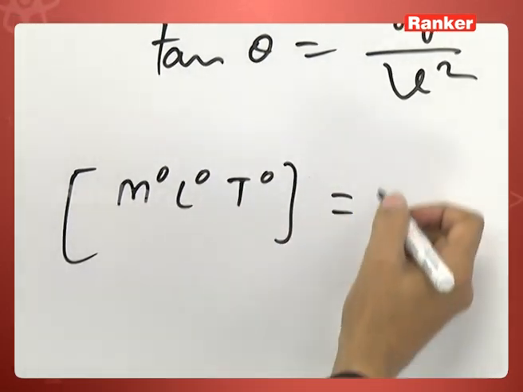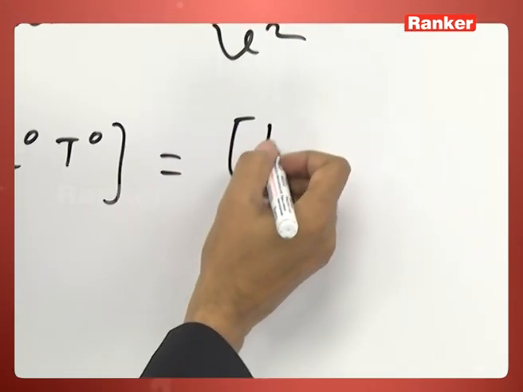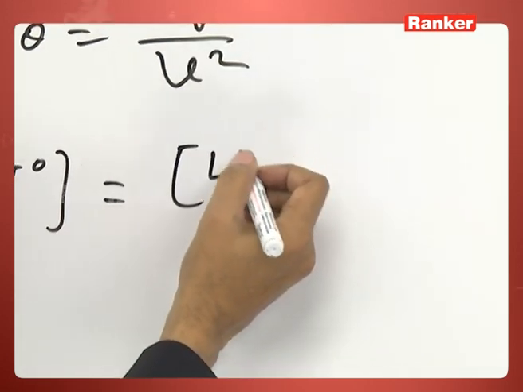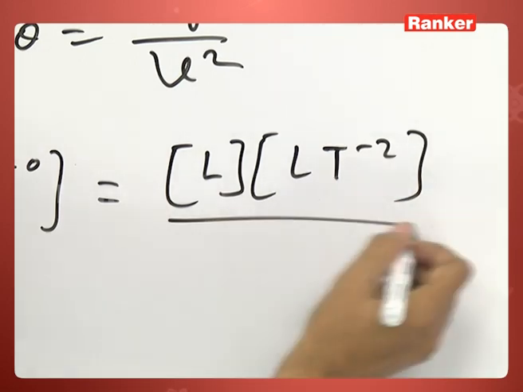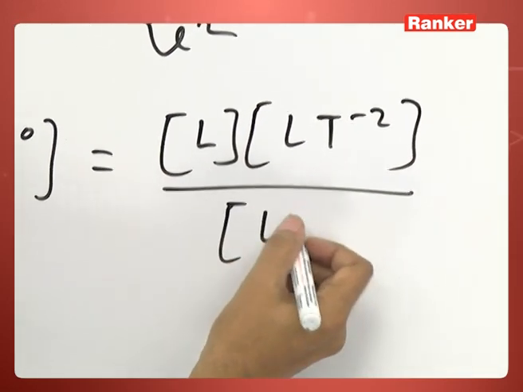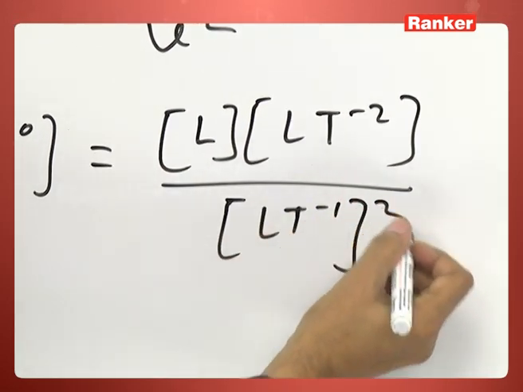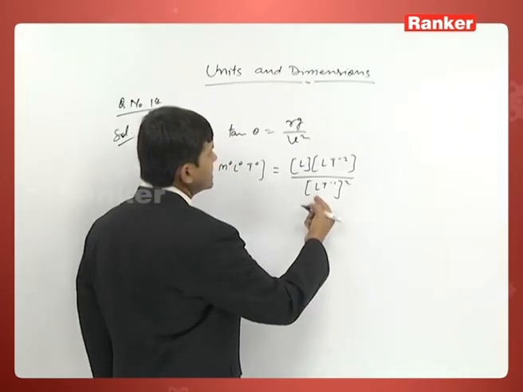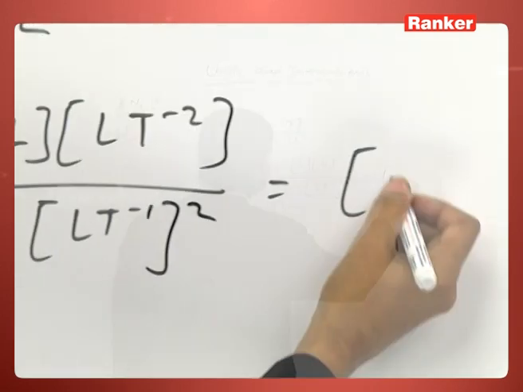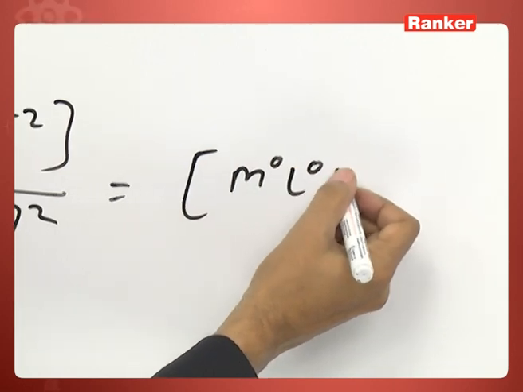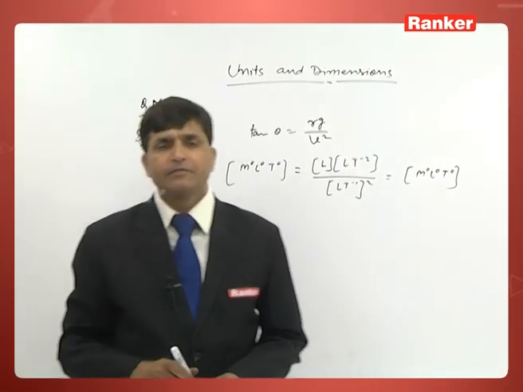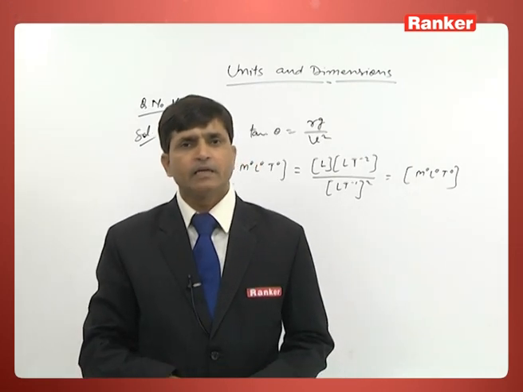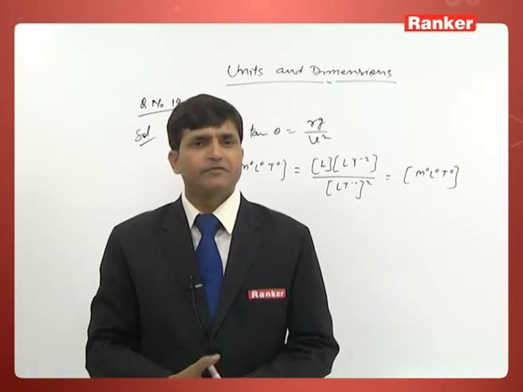Now the right side: the dimension of r is L, the dimension of g is L T minus 2, and the dimension of v square is L T minus 1 whole square. So this also comes as dimensionless. So the dimensions of the left part and right part are both equal. So dimensionally it is correct.